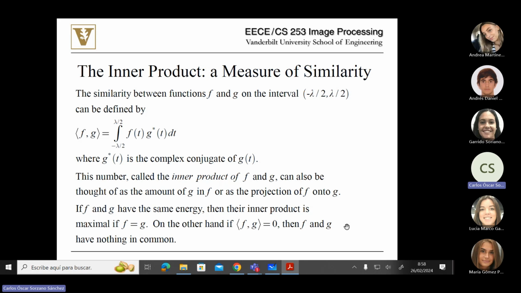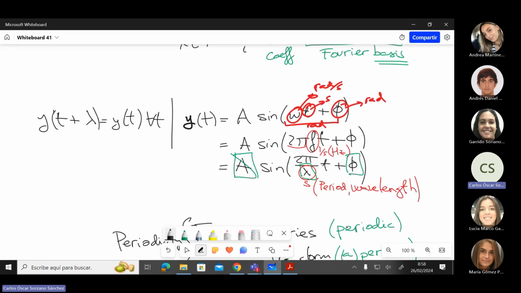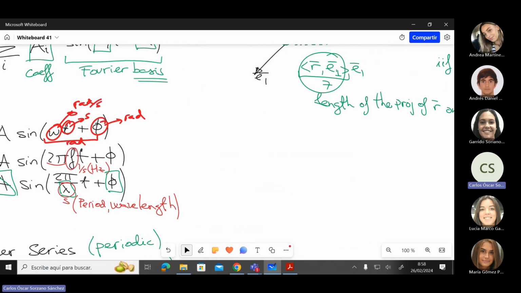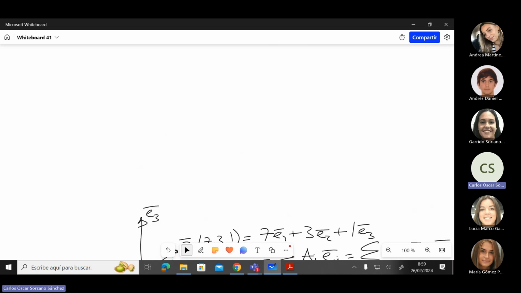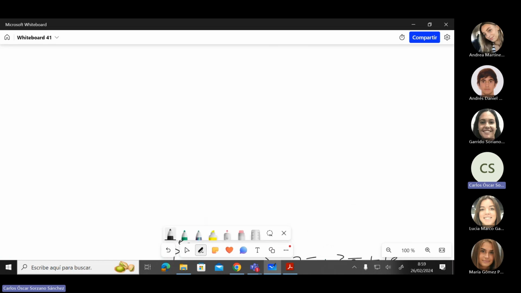Okay, so it seems that these lengths are important. For computing the length, we need an inner product. So how do I define an inner product between 2 functions? Okay, so let's say that I have a couple of functions. I have the function f of t.